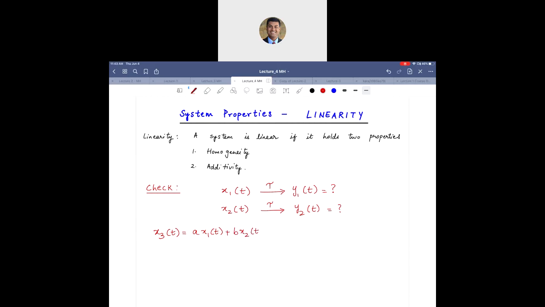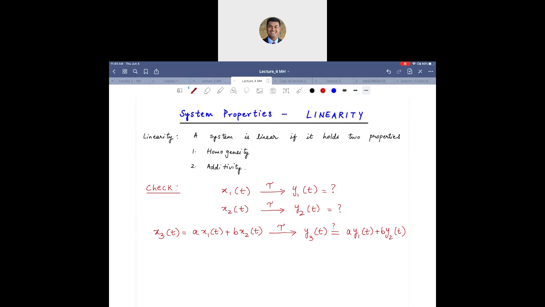A and b are scalars, and you are combining the check for homogeneity and the additivity in this. It goes through the system operator, and say the output is y3, and what you're checking for is: is it equal to a y1 of t, same scalar a and b, plus b y2 of t?